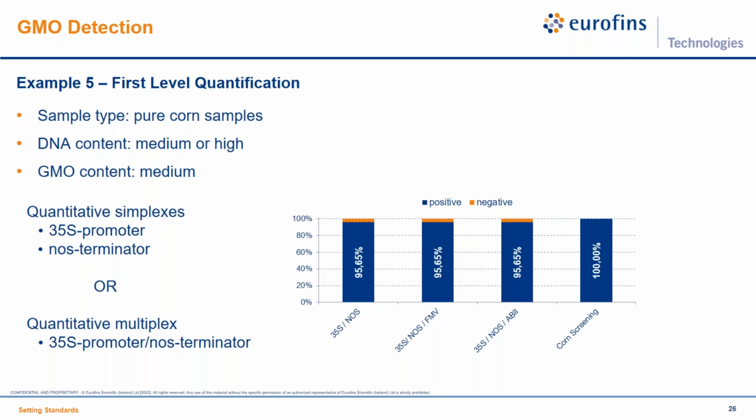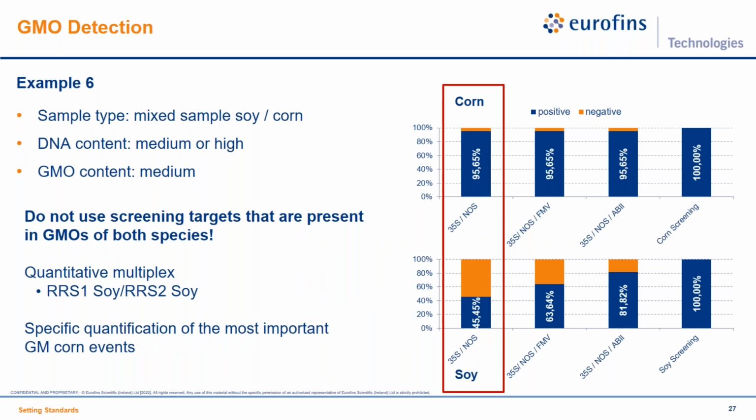Now let's go to the last example, what I think is the most complicated example, because now we are looking at the mixed sample type, soybean and corn. We do not recommend screening targets in this case. Why? Because 35S and NOS elements occur in GMOs from corn and in soybean events.